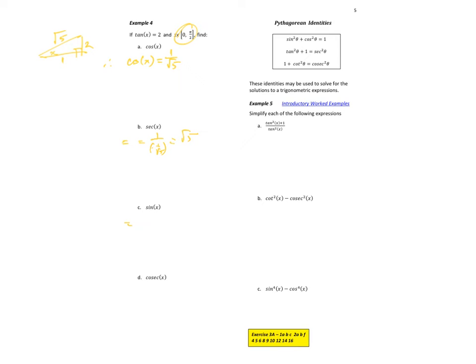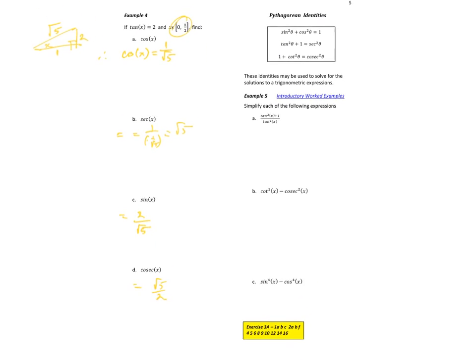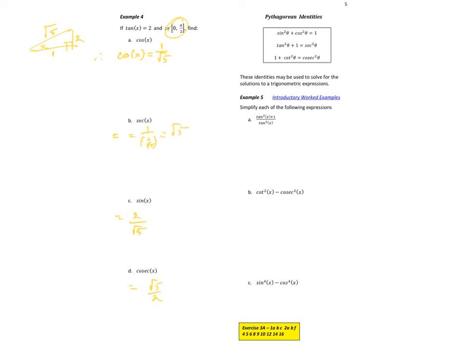Sin x is equal to opposite, which is 2, over hypotenuse, which is root 5. Cosec is 1 over that, which is root 5 on 2. We've got nothing else underneath there. Okay, so that's the end of that one.